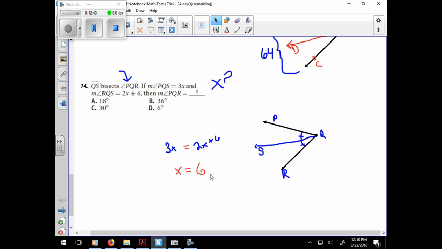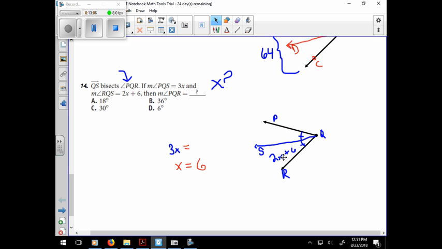Now those that don't read directions, you're going to get it wrong. Because look what they did. They made an answer 6 thinking you might not read what they want you to find. So you got to be careful. So I'm plugging x into the 3x that was up here, that's 18.